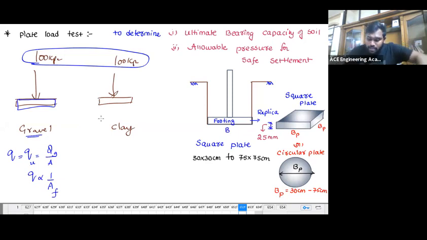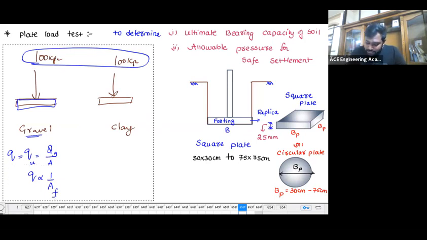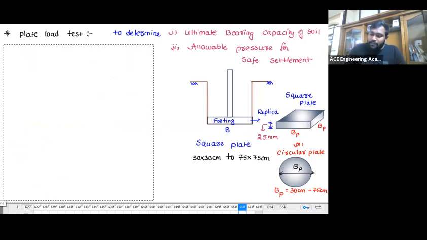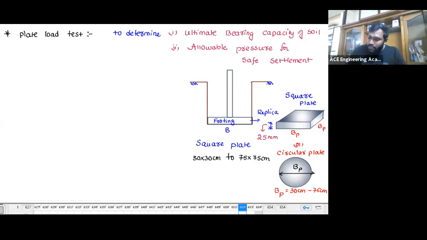So which means in the given plate sizes, it was observed that the 30 by 30 centimeters we use for gravel or dense soils, and 75 by 75 for clay or loose soils. Because in the case of loose soils, bearing capacity is less.